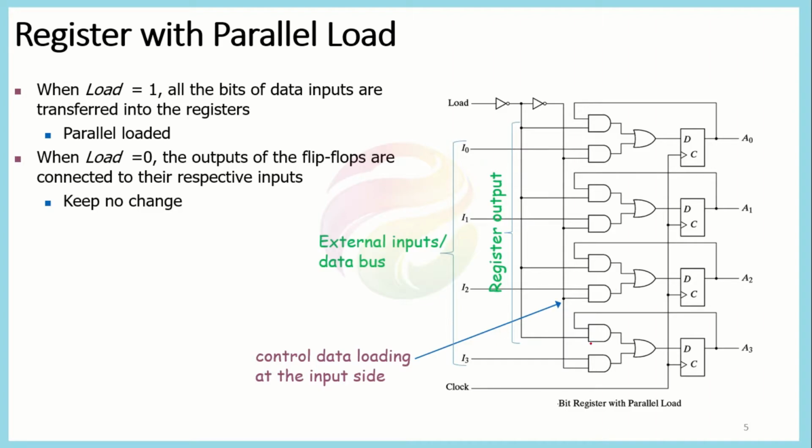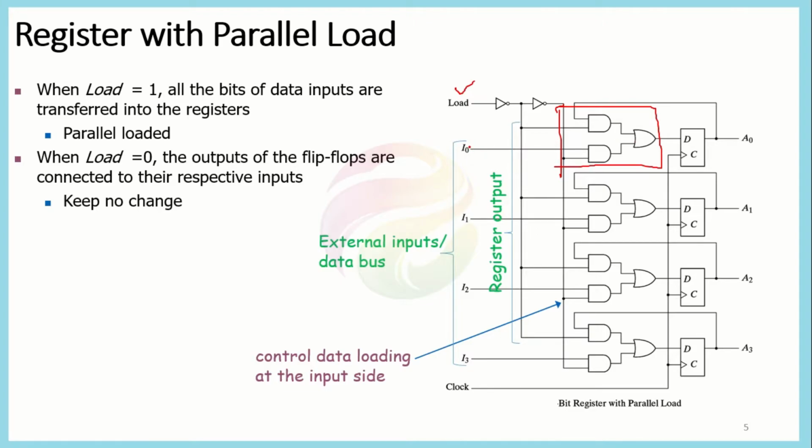In this register, what we do is we attach a mux with each of the inputs of the flip-flop. Each combination here is representing a mux signal, and the selection line of this mux is the load signal. It has two inputs.